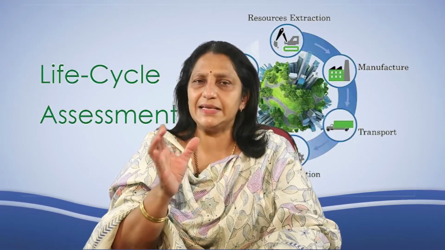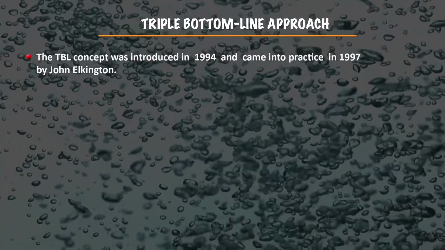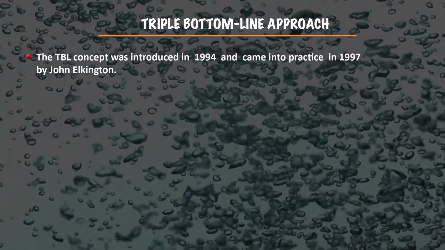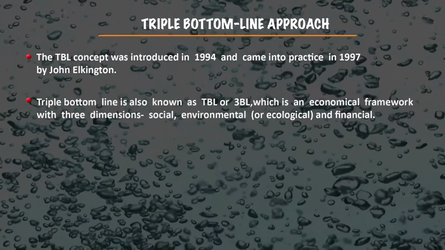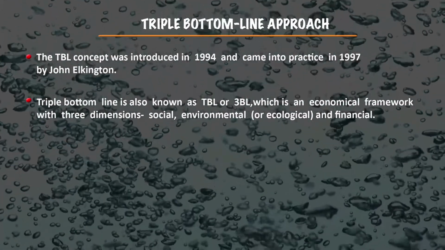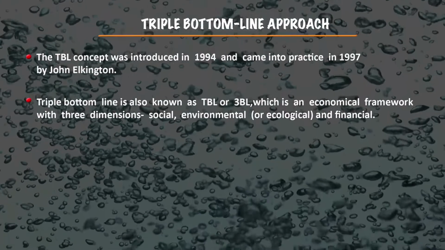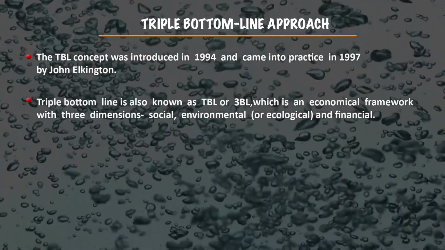One of the important factors of LCA is the triple bottom line approach. This concept was introduced in 1994 and came into practice in 1997. It is also known as the TBL approach or 3BL approach. That means it is an economic framework with three dimensions: social, environmental or ecological, and financial.